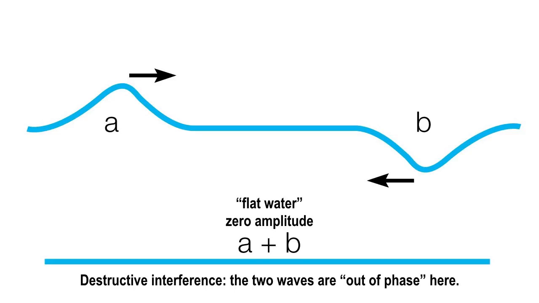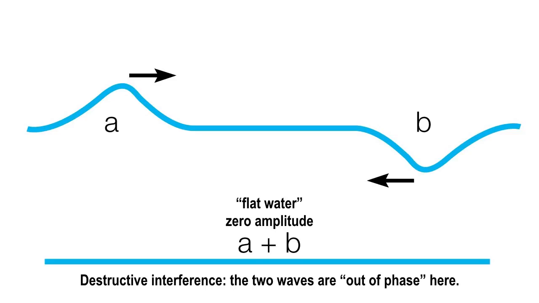Where they interact, right here in the middle of the screen where my cursor is, A plus B add together, but one of them's above sea level, the other one's below sea level, so when they add together, you get zip zap. You're at sea level, flat water, my friend. Zero amplitude. But just for that one second. If you take a snapshot right there, you'll think, oh, nice calm day.